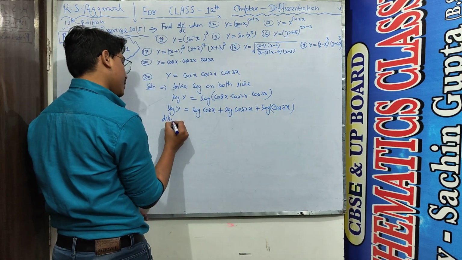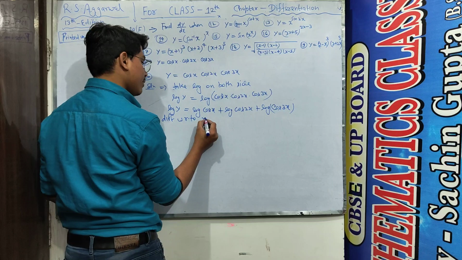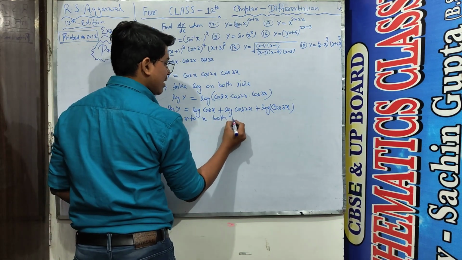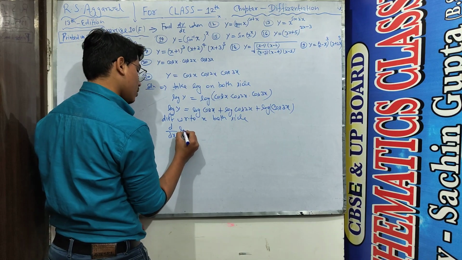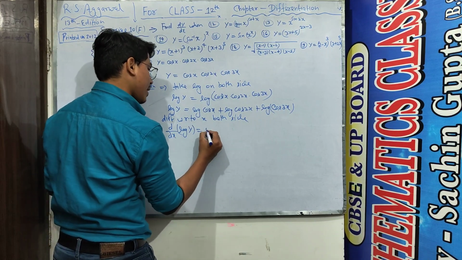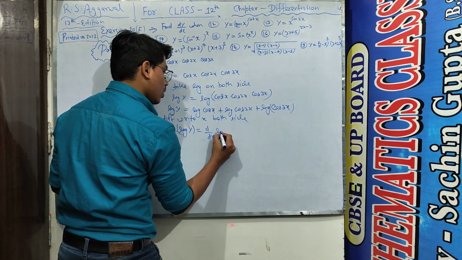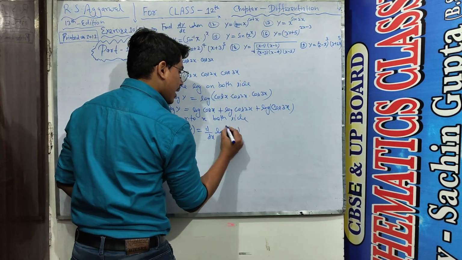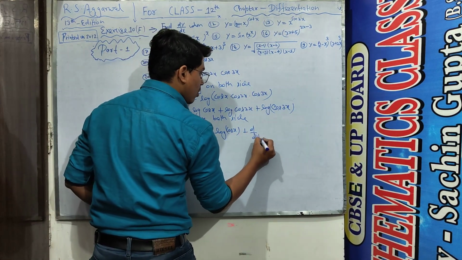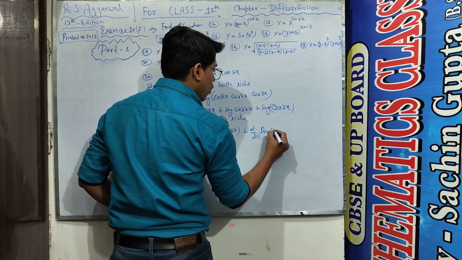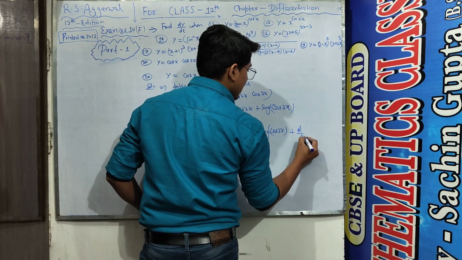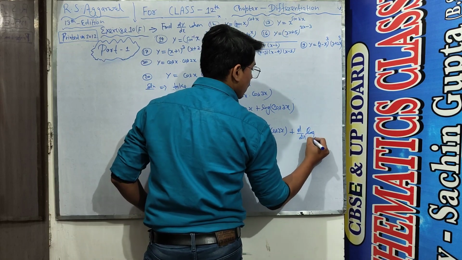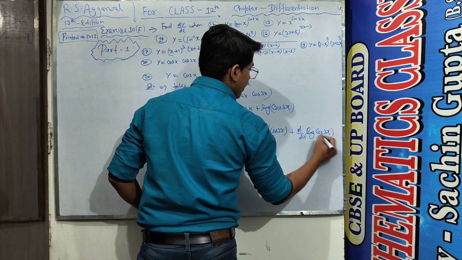Now I differentiate with respect to x, both sides. So it becomes d by dx of log y, and d by dx of log of cos x, plus d by dx of log of cos 2x, and d by dx of log cos 3x student.